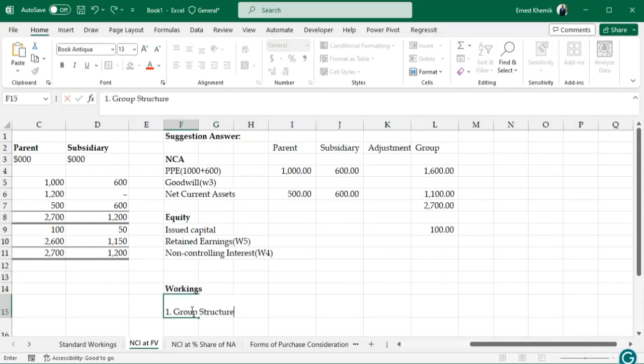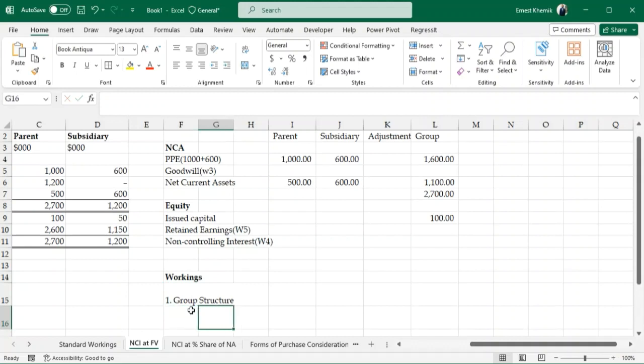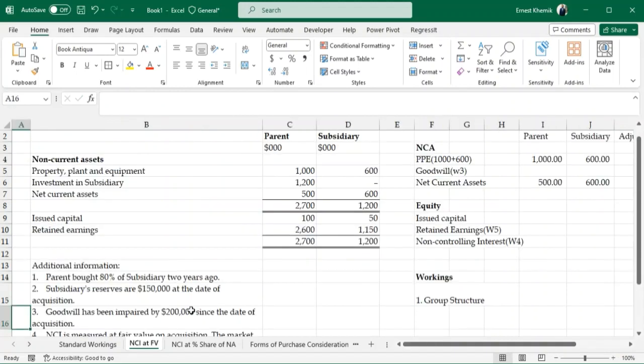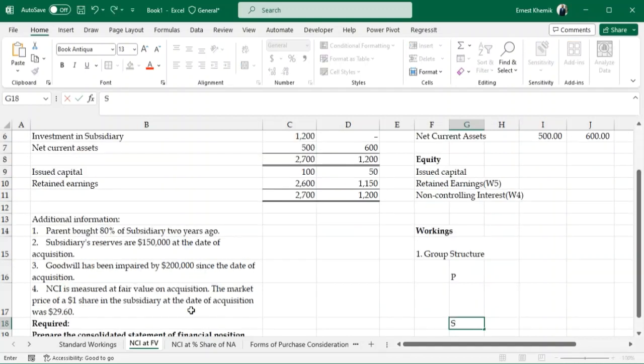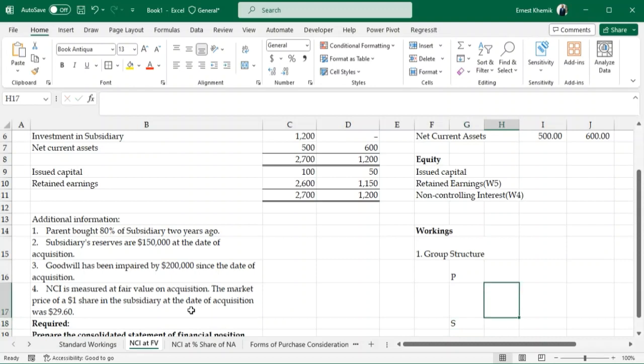All right, the group structure. Now, what's the group structure of this particular business? So we are saying that the parent bought 80% of the subsidiary 2 years ago. So what we do is we will have our parent here, which is P, and then we'll have our subsidiary, which is S. Now, the parent bought 80% of this particular business.